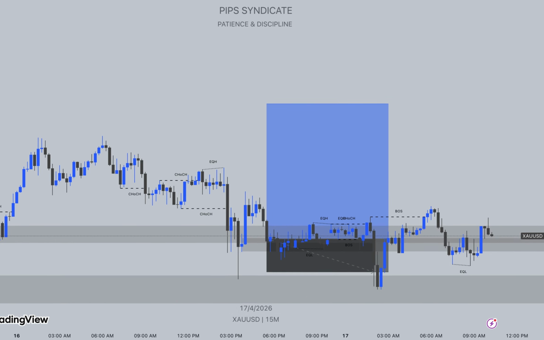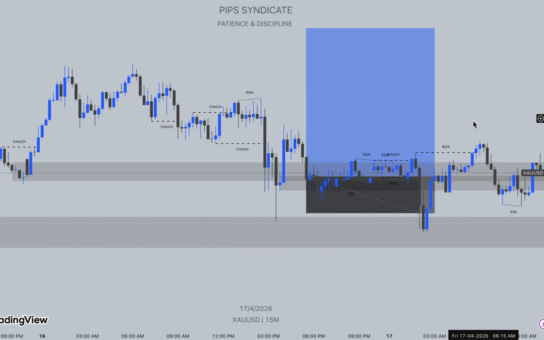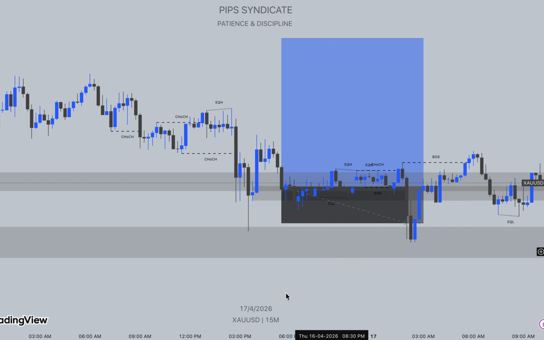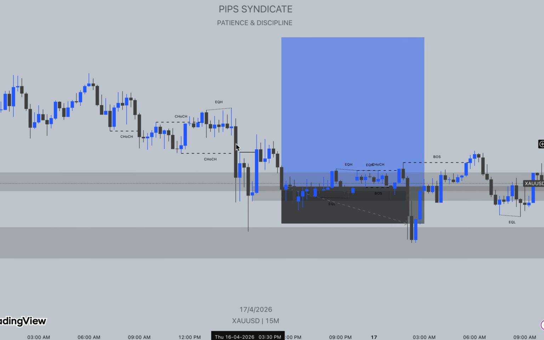So what happened was I did not use a proper confirmation for this trade. I assumed that this leg here, this break here that closed, is a break of structure, because price did not indicate it with this indicator here. Sorry.